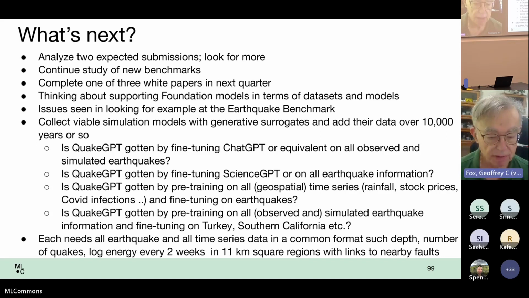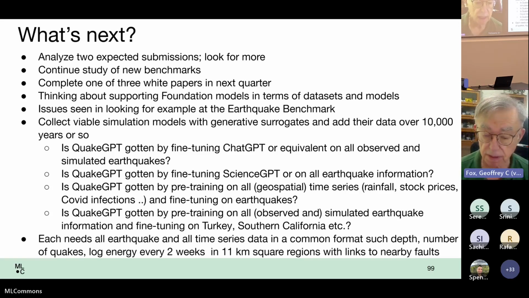Perhaps, at least what I originally thought we might want to do, is to look at earthquake data as an example of a particular time series. So you might want to do a foundation model for time series, or maybe a foundation model for geospatial time series.